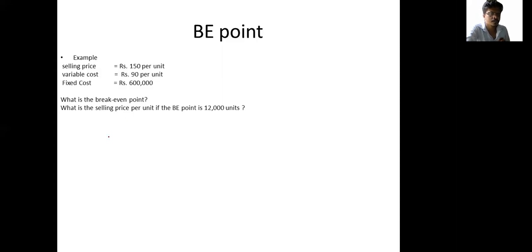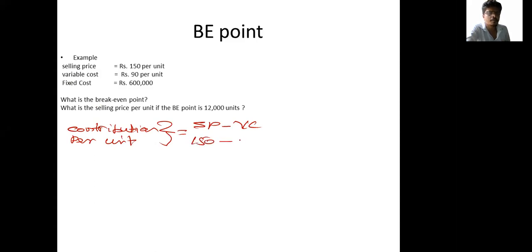Now we can calculate easily the contribution per unit, which equals selling price minus variable cost. Here selling price 150 minus variable cost 90, then the answer is rupees 60. Contribution per unit is 60.